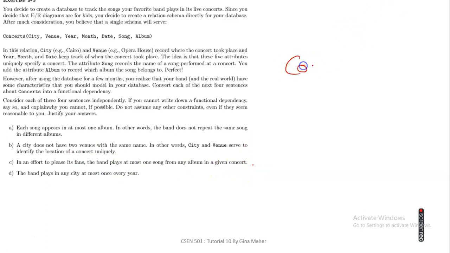So if we have a specific concert, in this concert the band plays at most 1 song from any album. Okay, so if we have album X and the concert, we can get the unique song that is played in this concert.